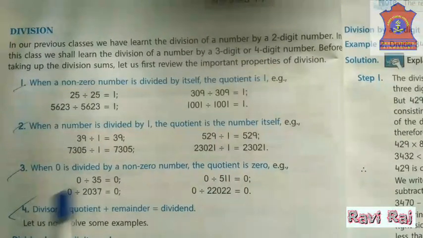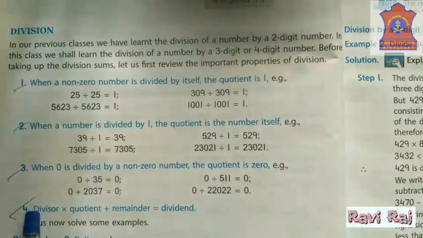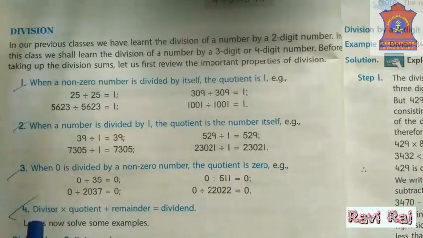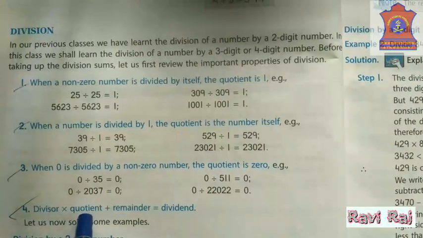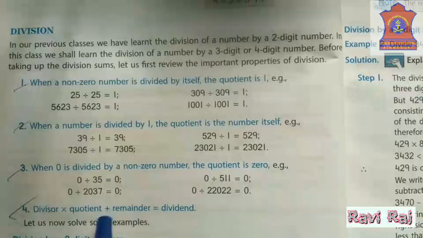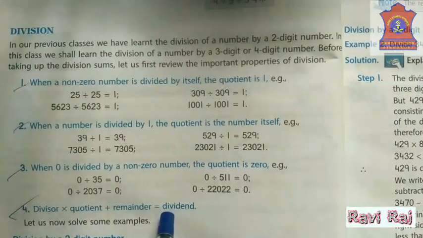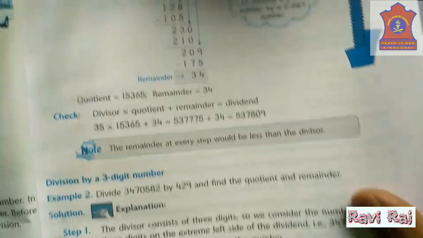The fourth property, we basically use to check. When the divisor is multiplied with the quotient and the remainder is added to it, the answer will be the dividend.